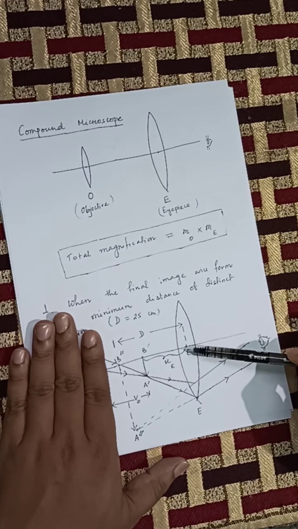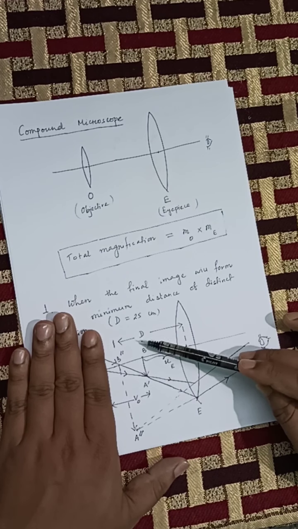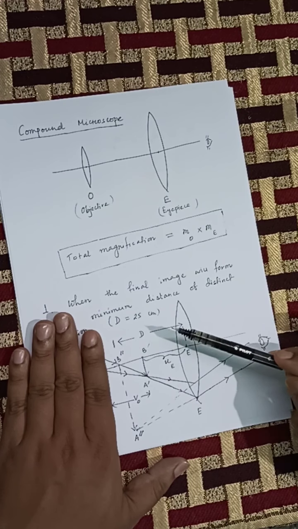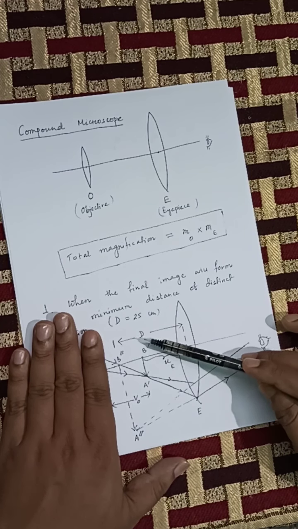So for the minimum distance of distinct vision, what was the magnification formula we got?